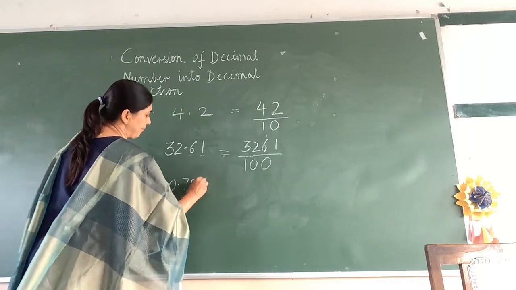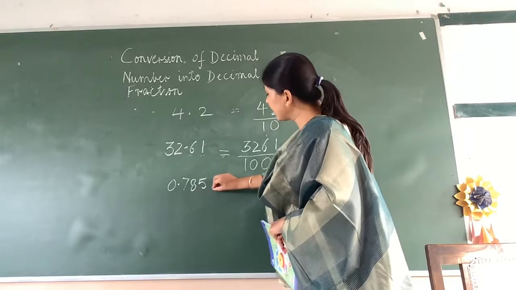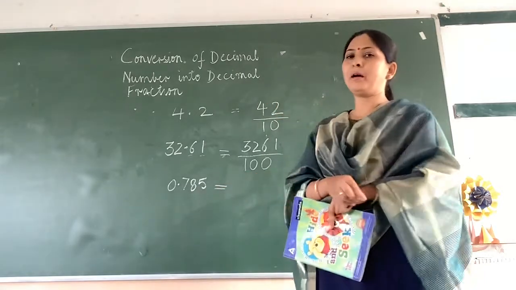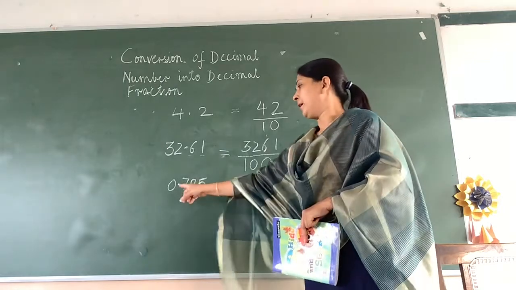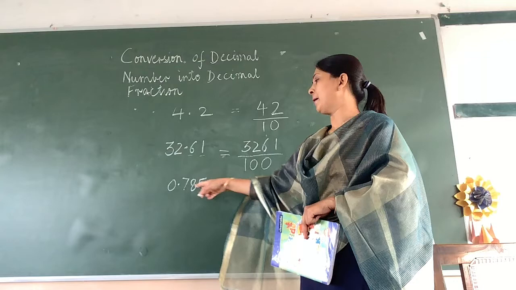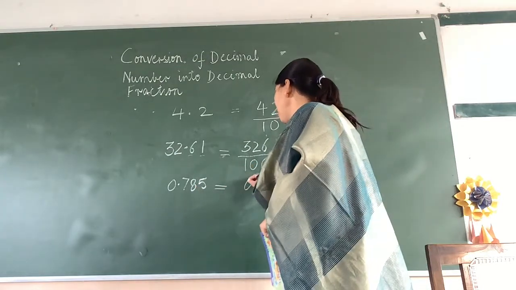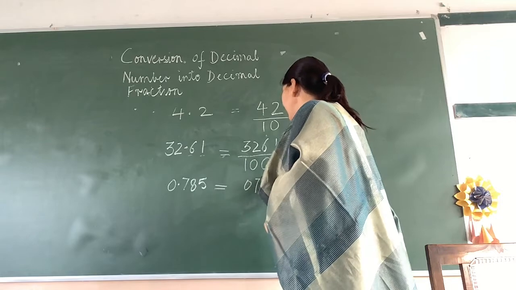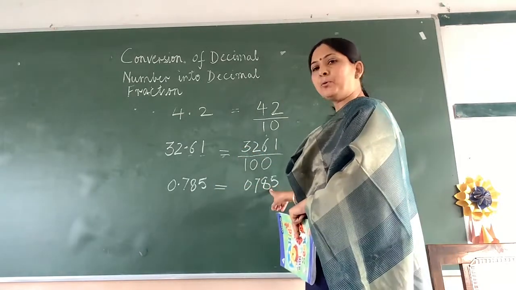0.785. Now, let's convert this decimal number into a decimal fraction. Let's ignore this decimal point and write the number without the decimal point. This becomes our numerator.